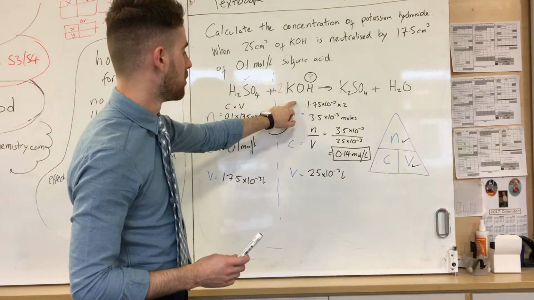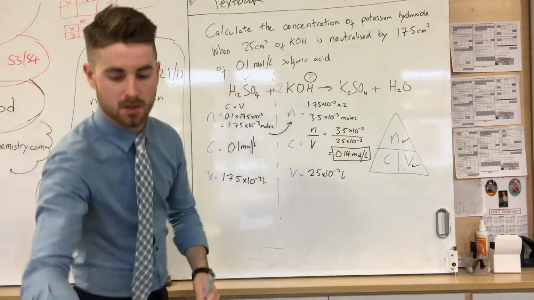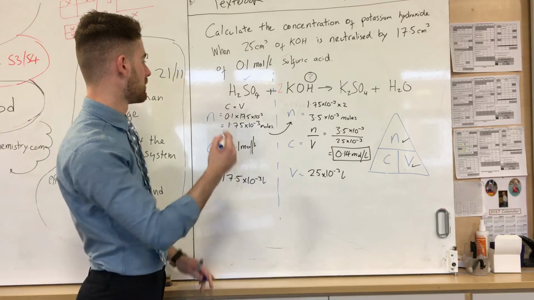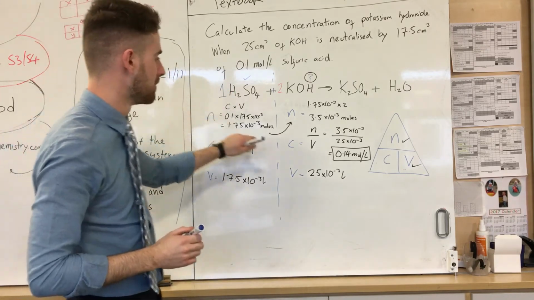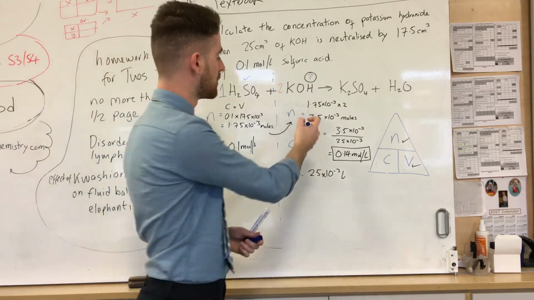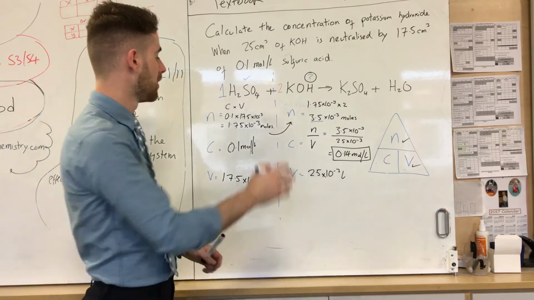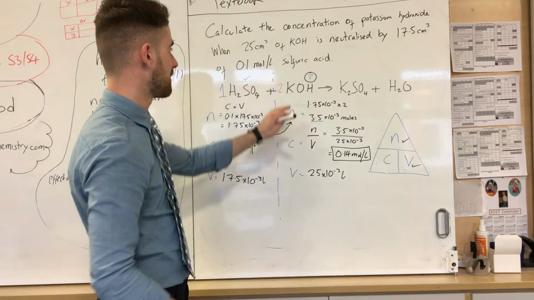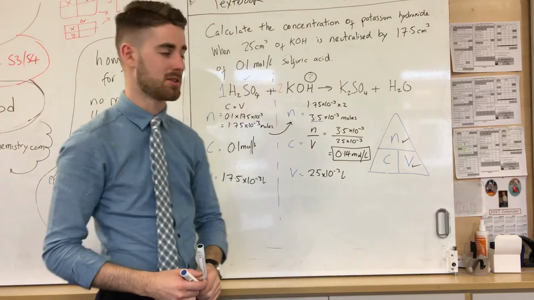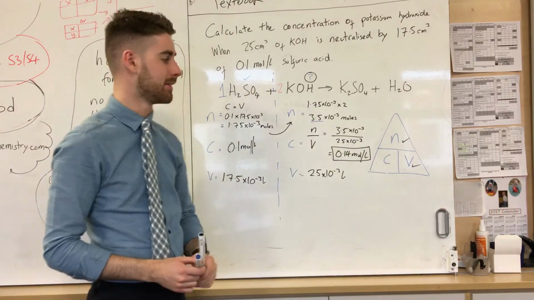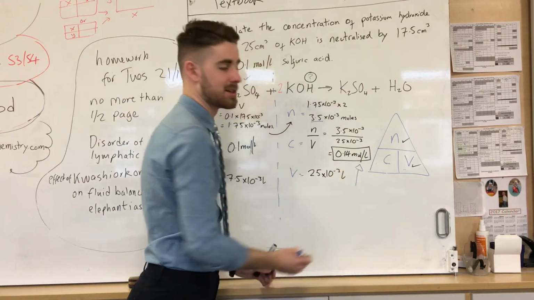When we transfer that number over, we have to take into account the mole ratio, which is a 1 to 2. There's no number in front of the H2SO4, so you assume that it's a 1. So we transfer that number across, multiplying it by 2, which gives us the number of moles of potassium hydroxide. We know the volume of potassium hydroxide because it's given in the question. Therefore, we can work out the concentration by rearranging this formula to give us C equals N over V. Our final answer is there.